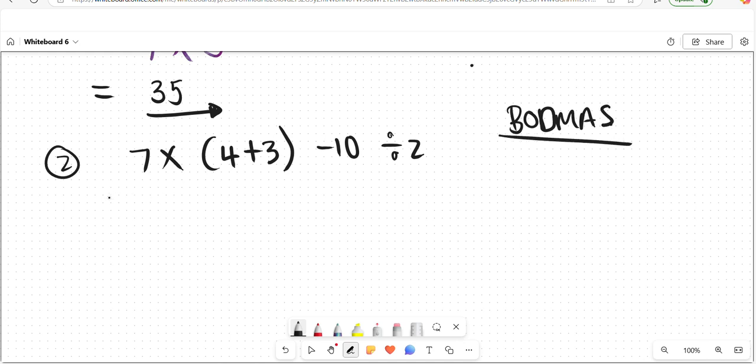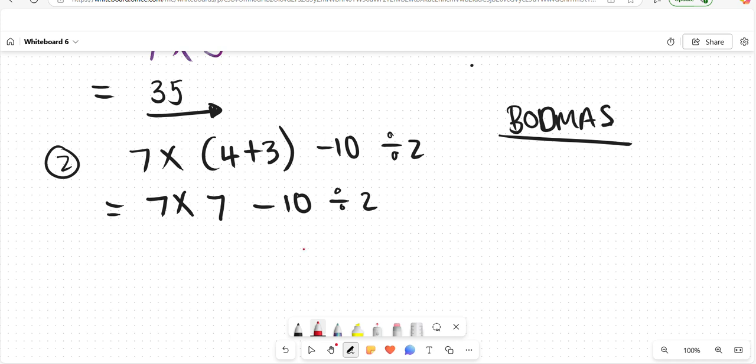So we're going to do the brackets first again. So we have the 7 times, and a 4 plus a 3 would give me a 7. We still have our minus 10 there, and we have our divided by 2. Then we notice at this point, we've done brackets, we don't have any orders. We need to do division and multiplication.